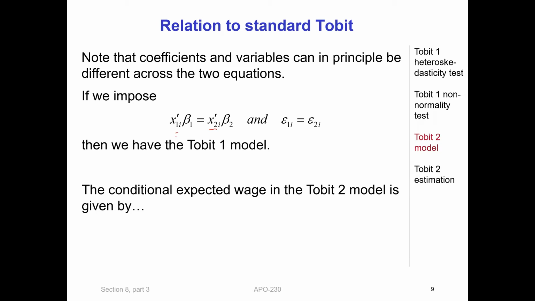If we set these two equal and then the two error terms equal, then we go back to the Tobit-1 model again. So the main point here is we allow participation and intensity to be explained differently by different variables and characteristics and unobserved endogeneity of the observation.